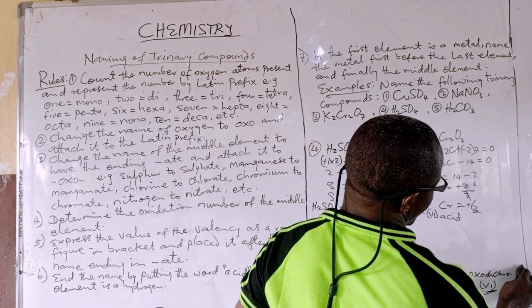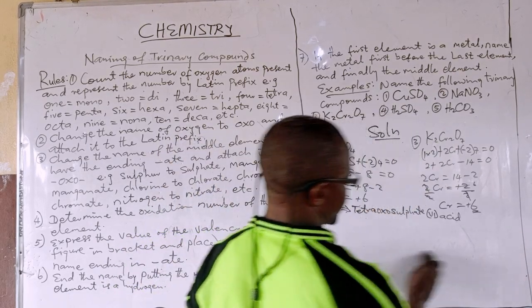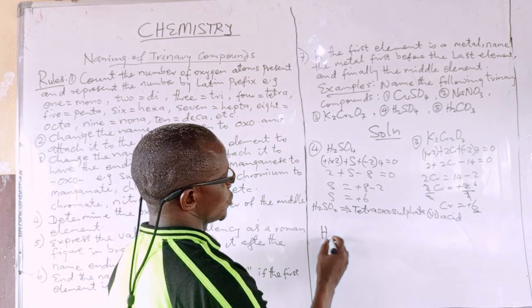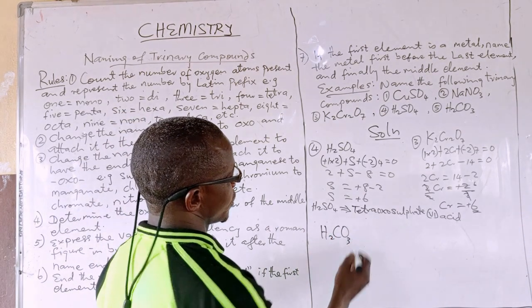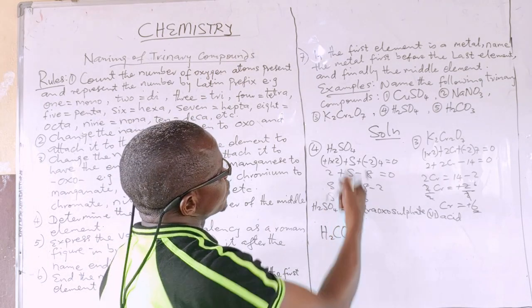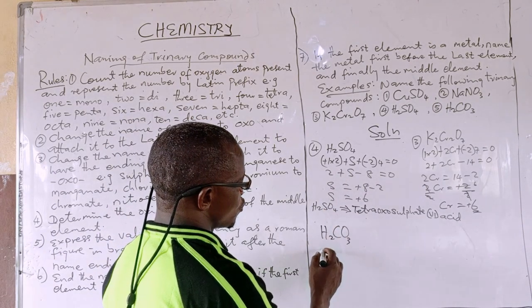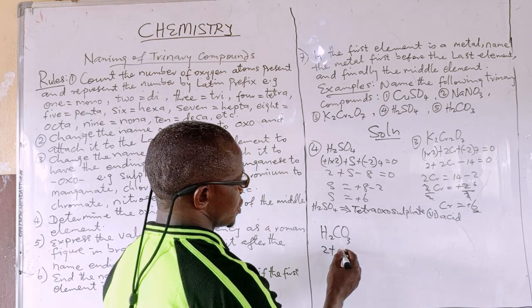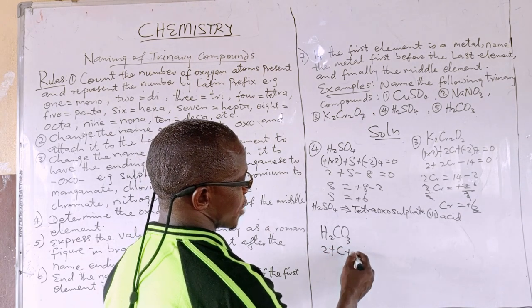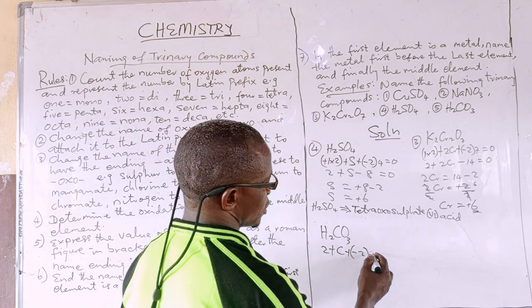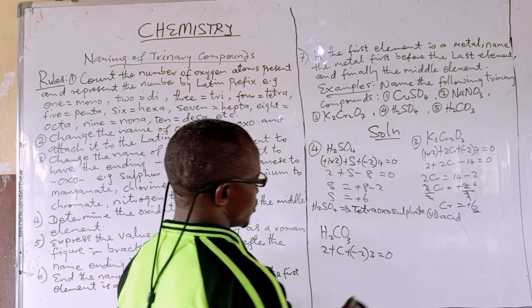Let's do number 5 now. Number 5 is H2CO3. Similar to this one, H2, you have 2 there, plus C, I don't know, plus minus 2 times 3, equate to 0.